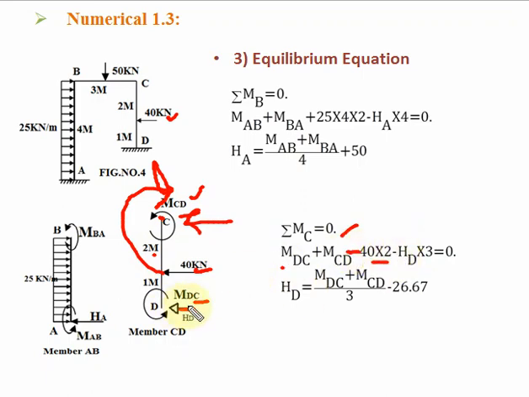Now there is a reaction at D, HD, rotating in clockwise direction about C. So minus HD into 3, height of column, is equal to 0. So HD is equal to (MDC plus MCD) divided by 3 minus 26.67. Okay, so we develop the equations of HA and HD in terms of moment by taking the free body diagram of each column.